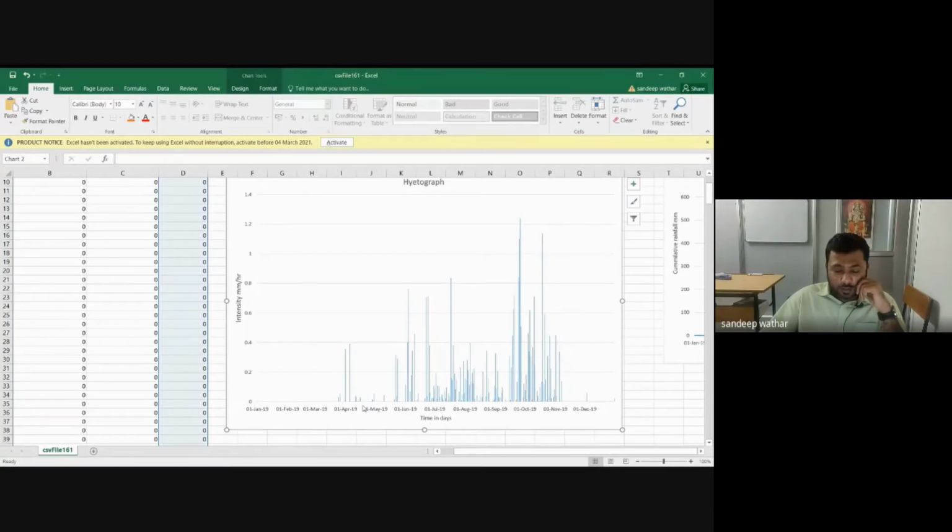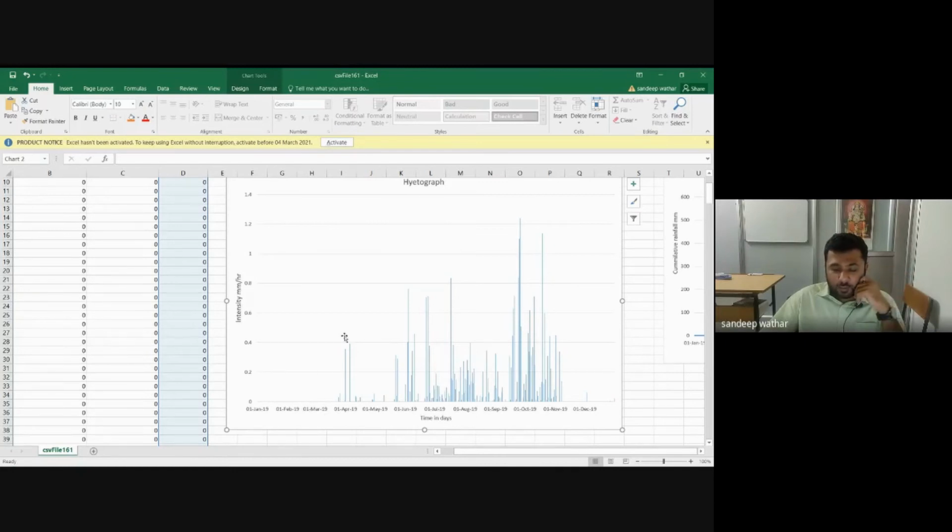Now see here, on the x-axis we have time. On the y-axis, what I did is I substituted intensity values. As we know that there is no rainfall during this period, that's why there are no lines over here.